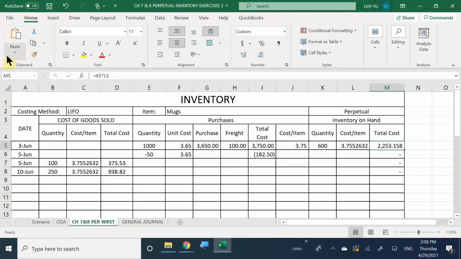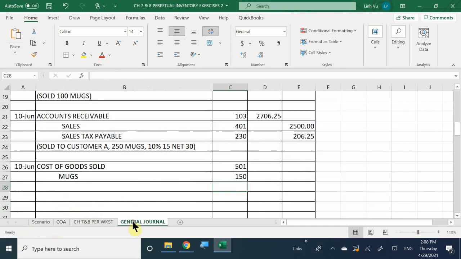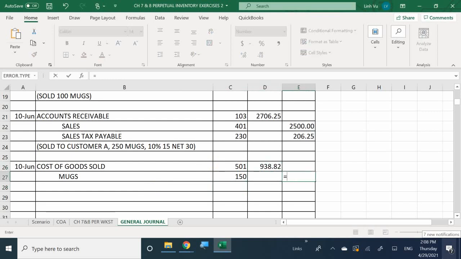So here we solved for the cost of goods sold to be $938.82. Okay.